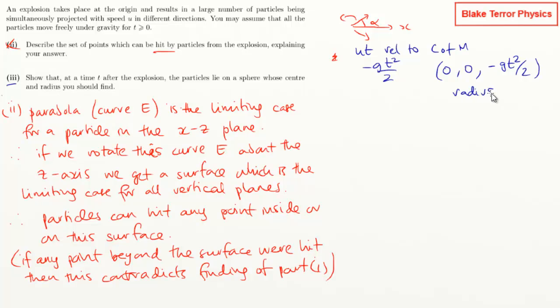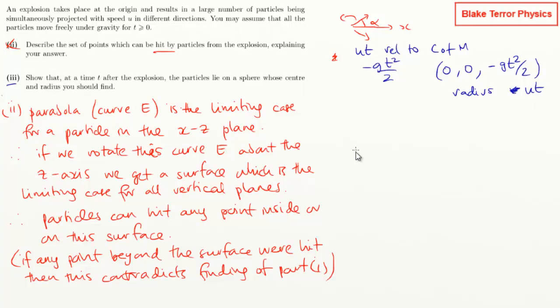So that's the physics answer. Oops, radius ut. But we need something which is going to be more maths-like. So we want to have nothing to do with the angle in this. We just want to have time in it, I suppose, because we're just looking at the position of all of the particles at a particular time.